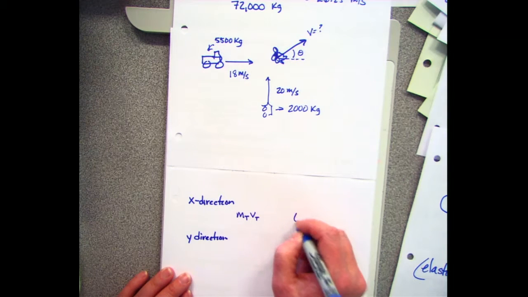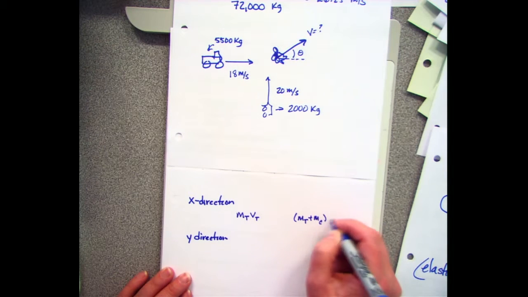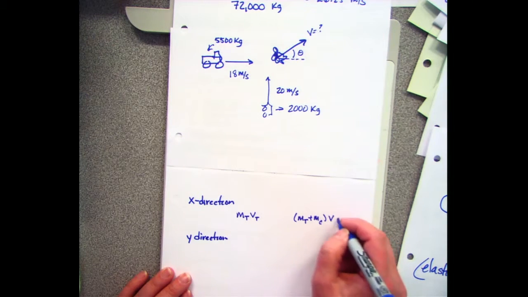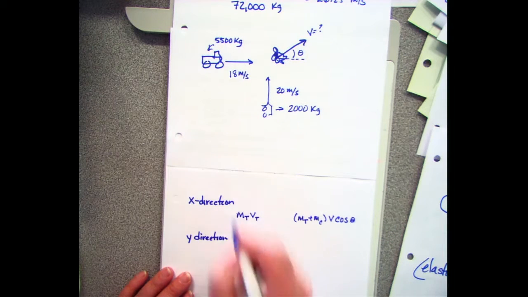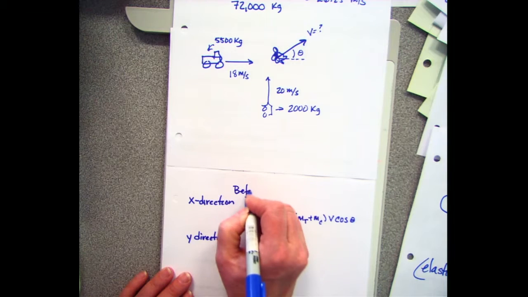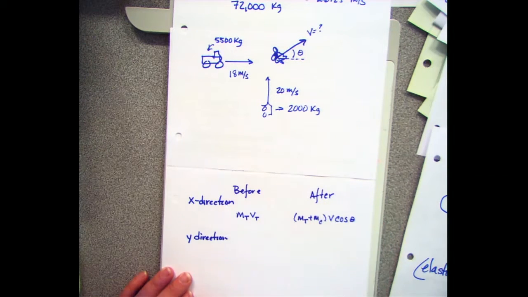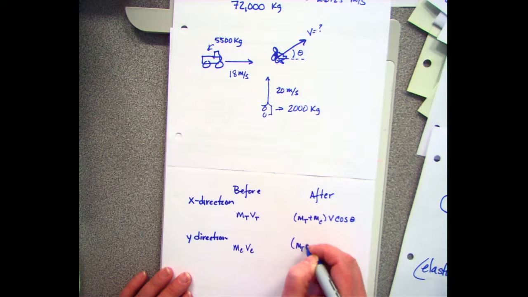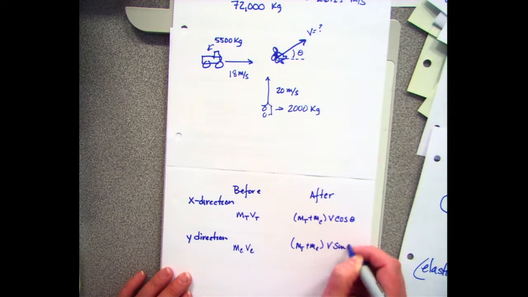And now I have the combined truck plus car, velocity, cosine of the angle. This is the before side, and this is the after side. This one becomes the mass of the car, velocity of the car, mass of the truck plus mass of the car, velocity, sine of the angle.